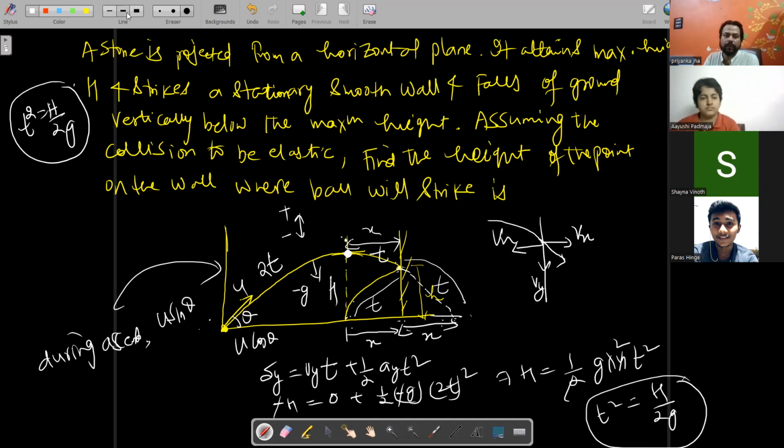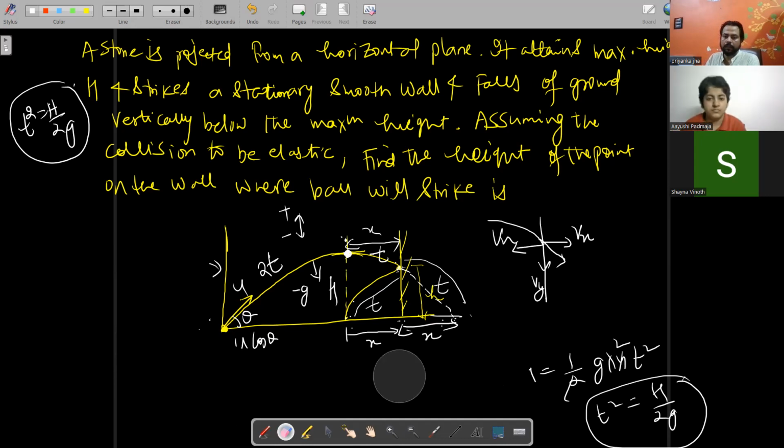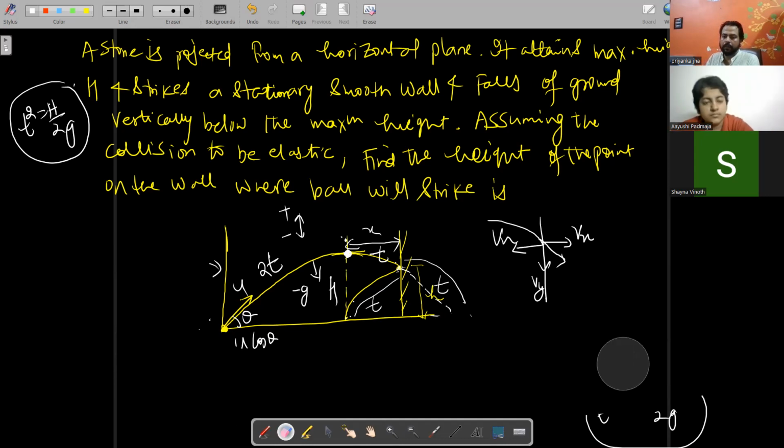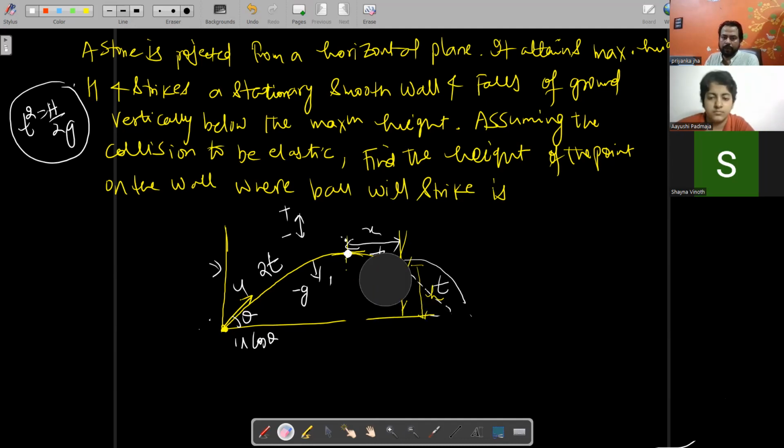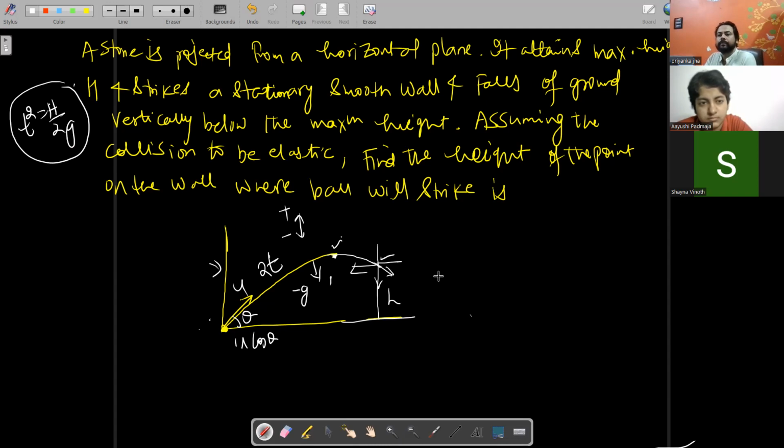Now we have to find this height, h. For this height, what I'll do is write the equation from this point to this point, because this height we know, capital H, and this height is small h.